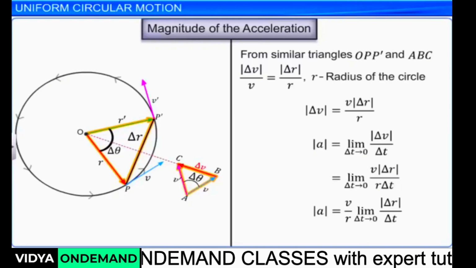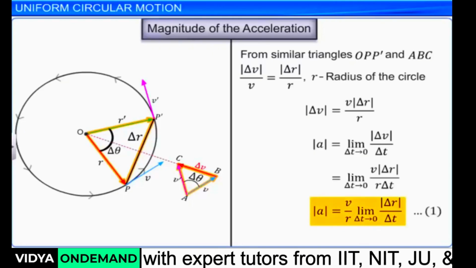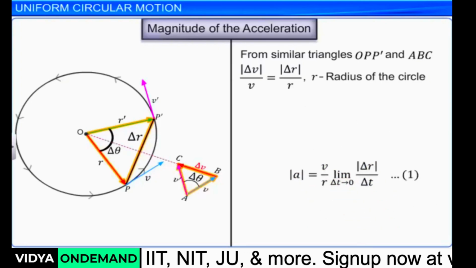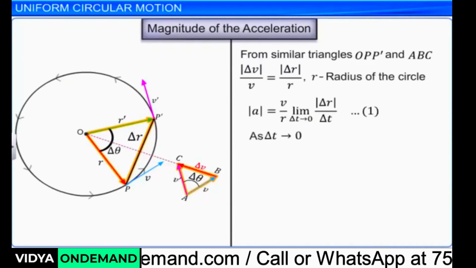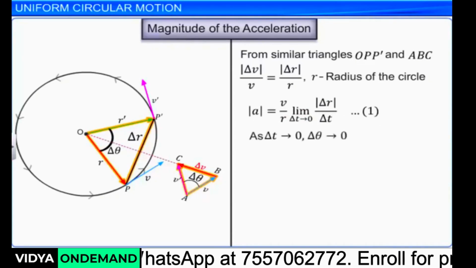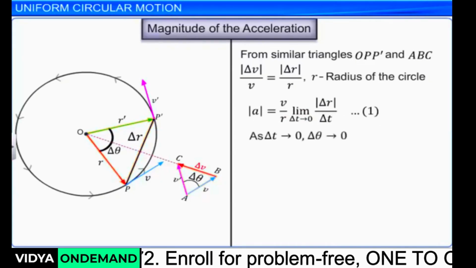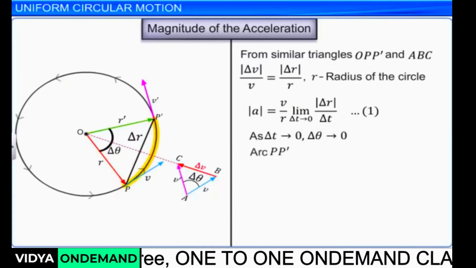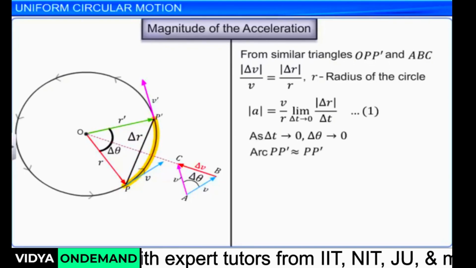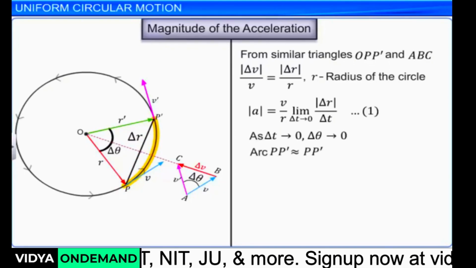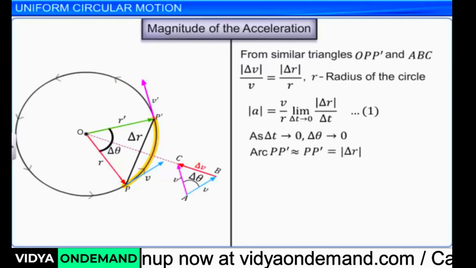As delta t approaches 0, delta theta also approaches 0. Arc PP dash is approximately equal to PP dash, which is equal to magnitude of delta R. Magnitude of delta R is approximately equal to V delta t.